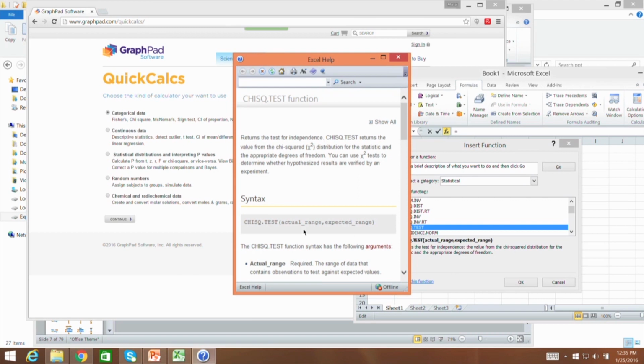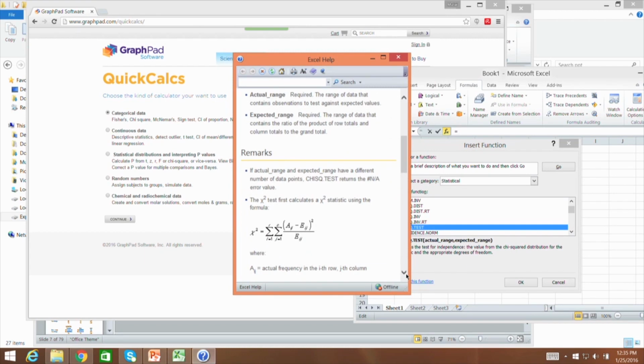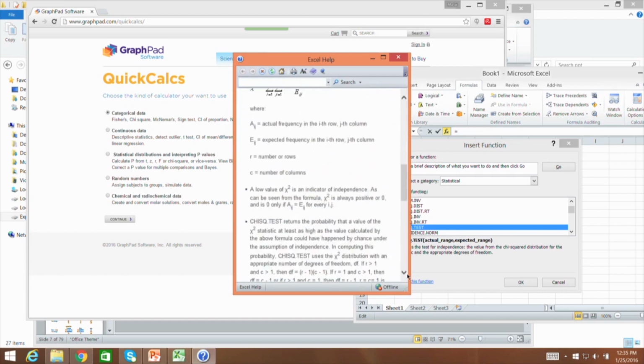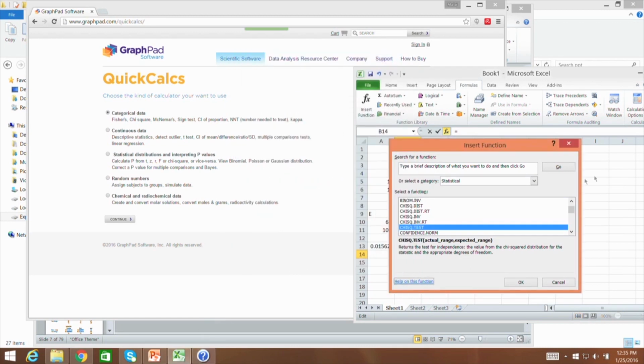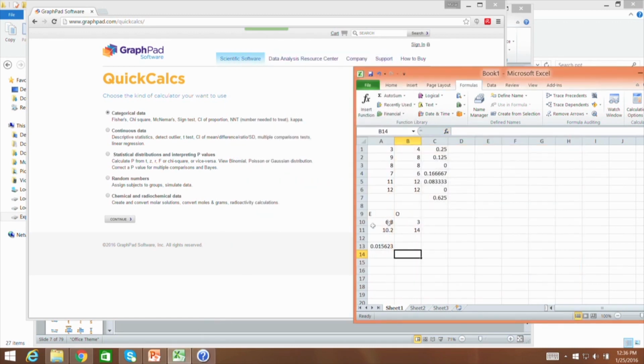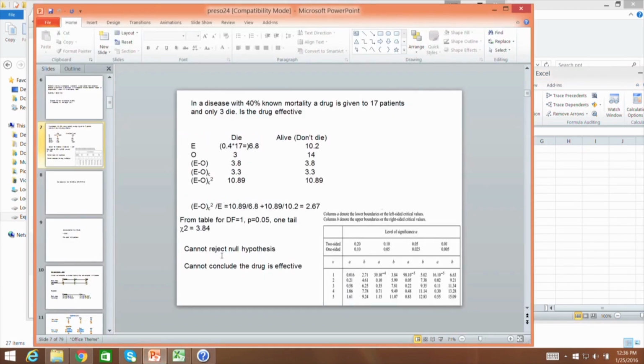So we give the actual range, the expected range, okay. So it calculates and tells you. So we can use this particular chi-square test also for our calculations. So here we say we cannot reject the null hypothesis, so cannot conclude the drug is effective.